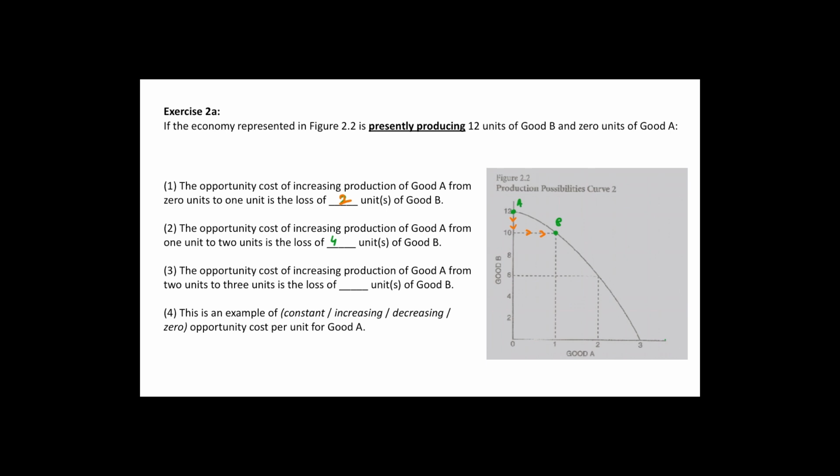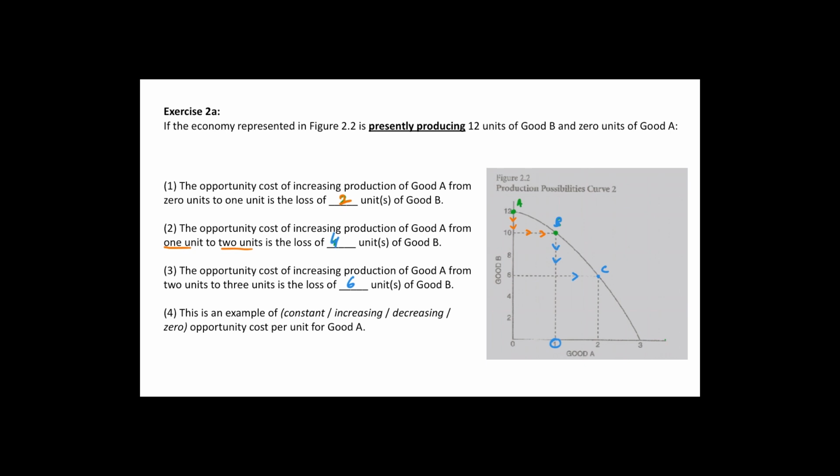Then it says you're moving from 1 unit to 2 units. So you're at point B, and you're moving to point C. Again, in order to have 1 more of this, you give up. You get it? And so this is an example of constant, increasing or decreasing, or zero opportunity cost.